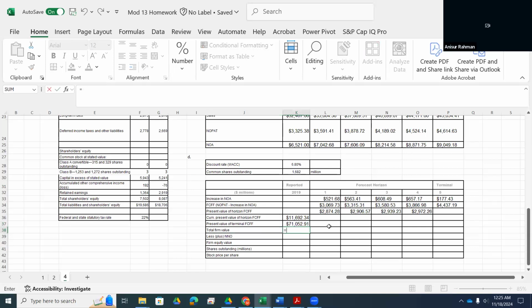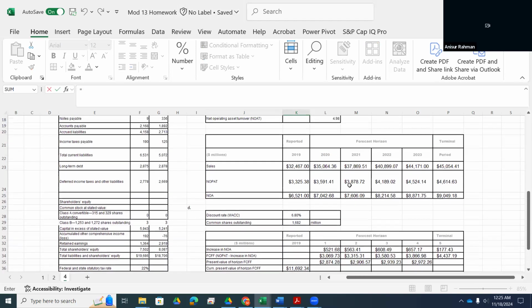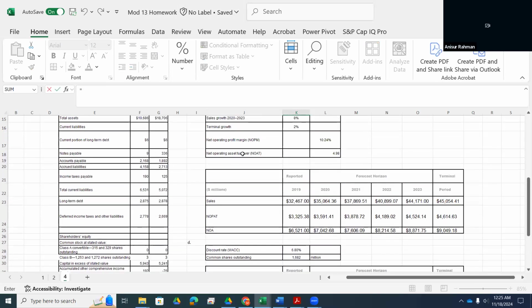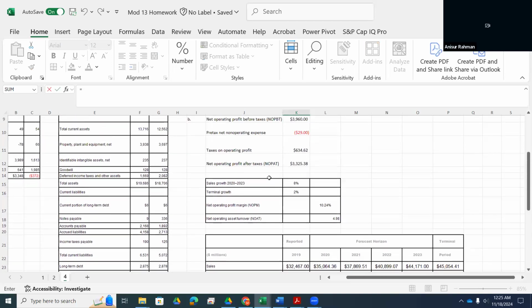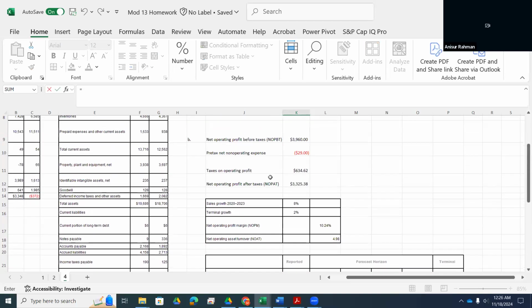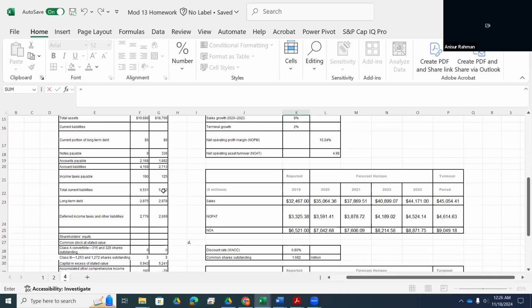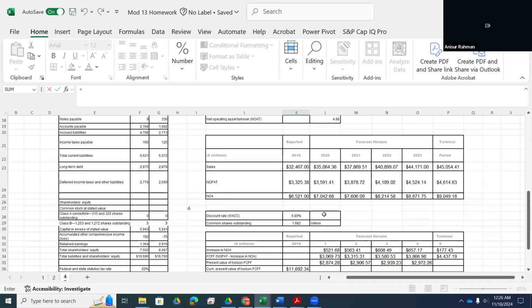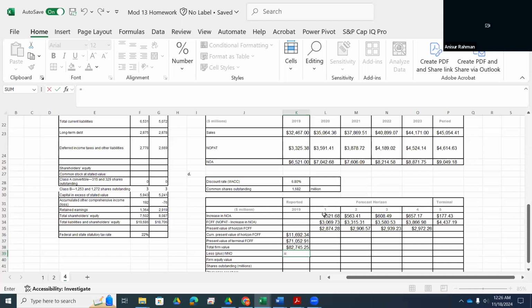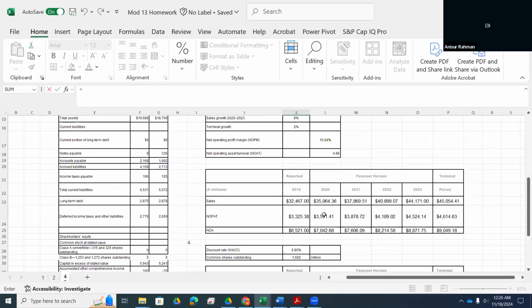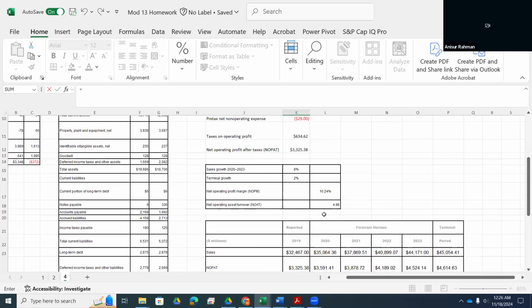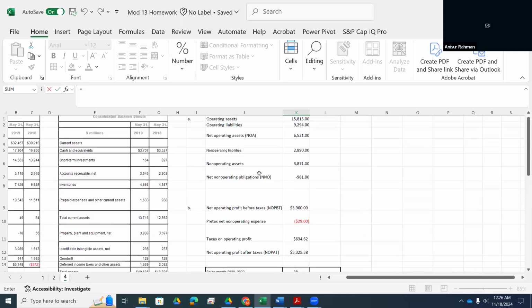Now total firm value is the sum of these two. And then less NNO. So our NNO is, let's see, what was our NNO? This one.